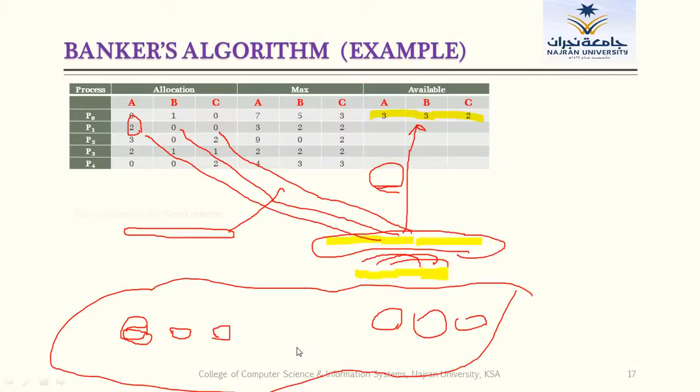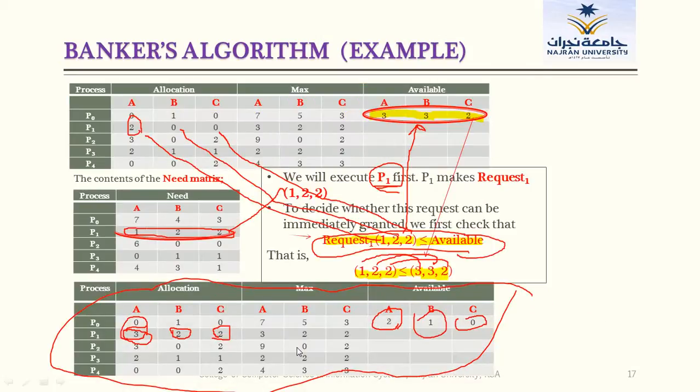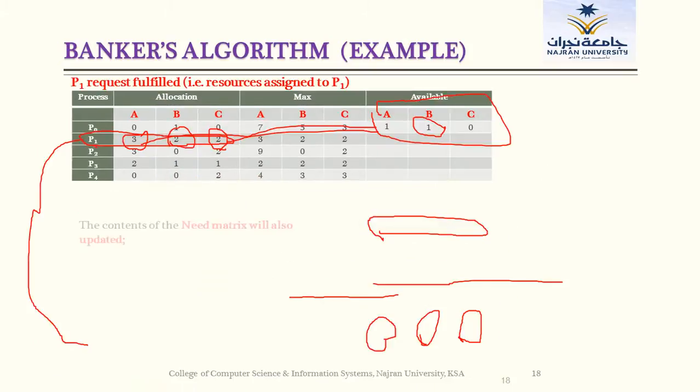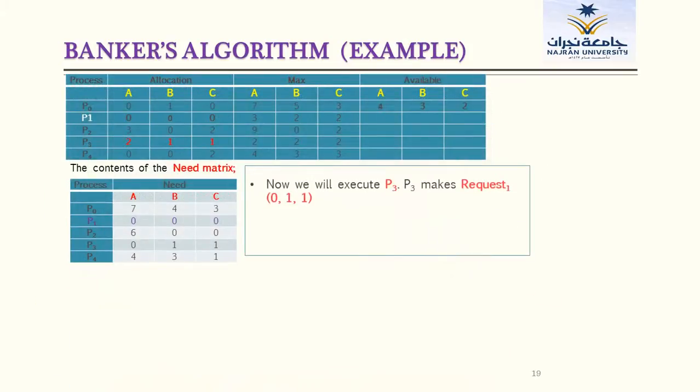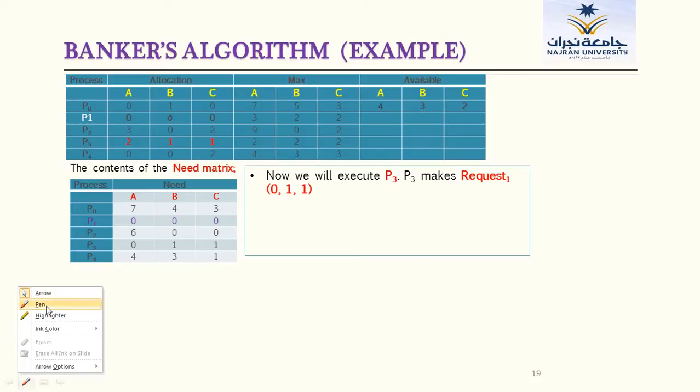Okay, so we will use the same method. So this is our need matrix and this is the situation of our P3. In P3, if you check here, P3 needs 0 instances of A, 1 instance of B and 1 instance of C.